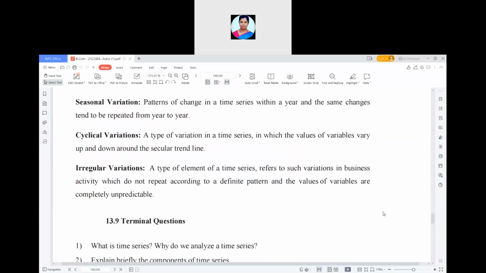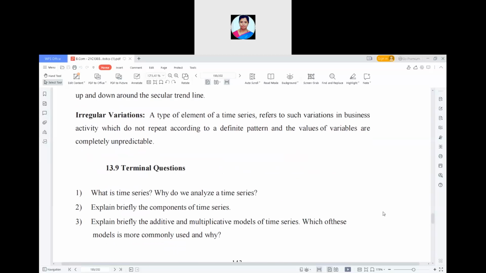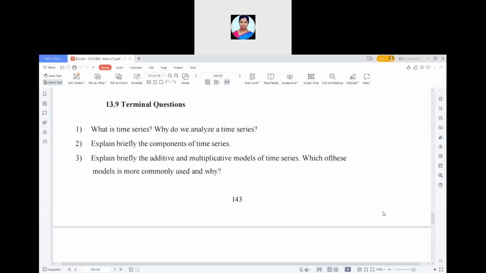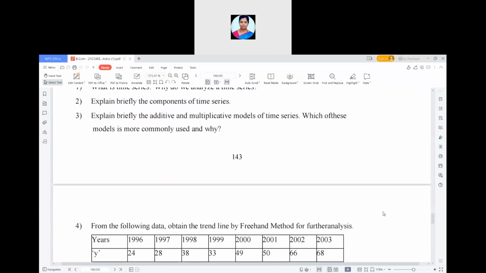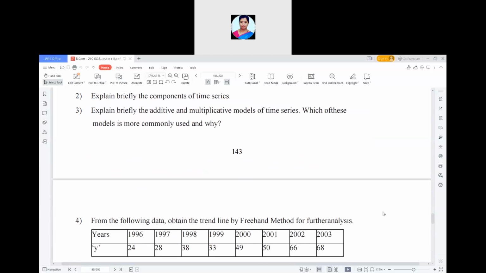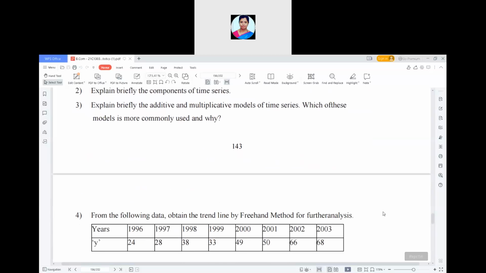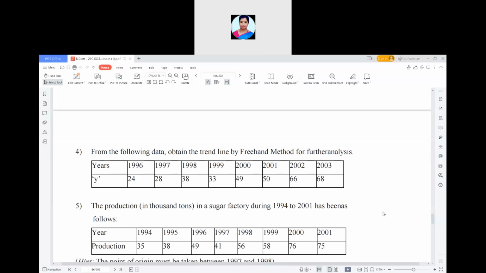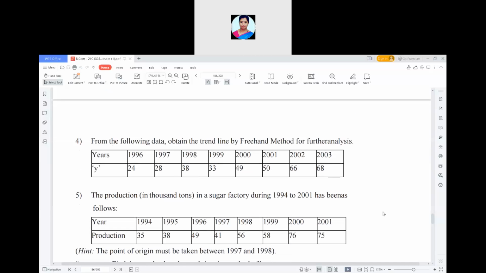So the terminal questions we have are: what is a time series? Why do we analyze the time series? Explain briefly about the components of time series. And the following values, we are going to find out the trend value.